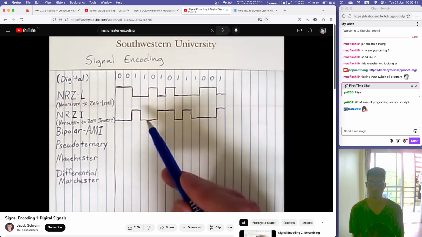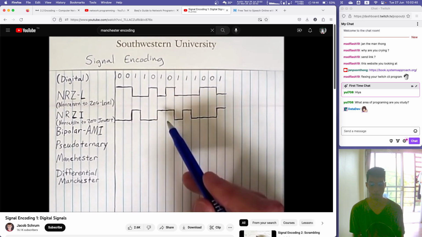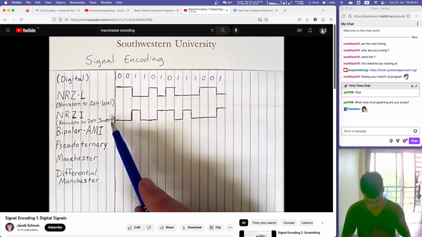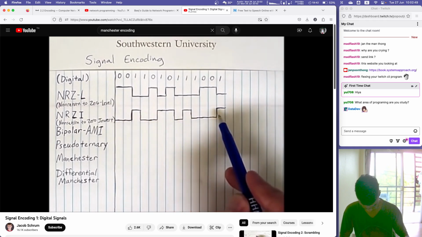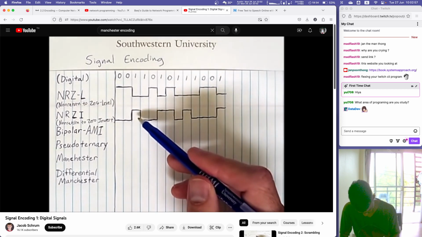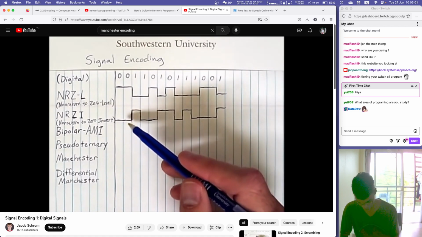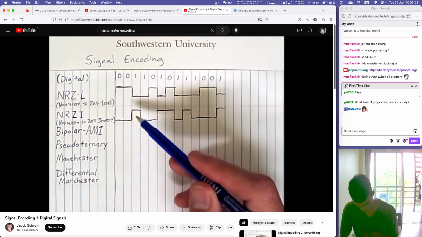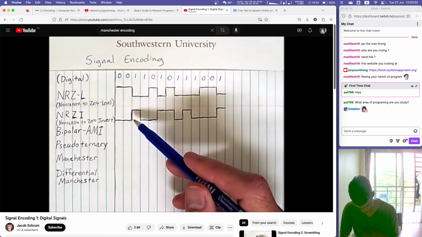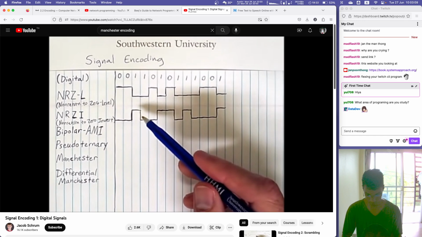So it isn't just the current voltage level that indicates what bit was being encoded, it's the whole history of the sequence that tells us what the current bit is. Differential encoding schemes like this one can be useful in the presence of noise, because detecting a voltage transition is usually easier than assuring that the voltage maintains a certain level.